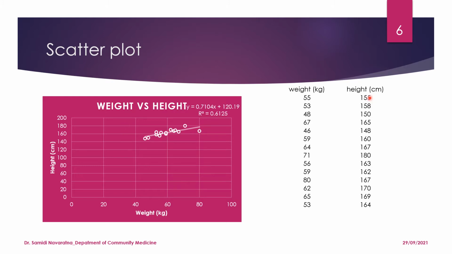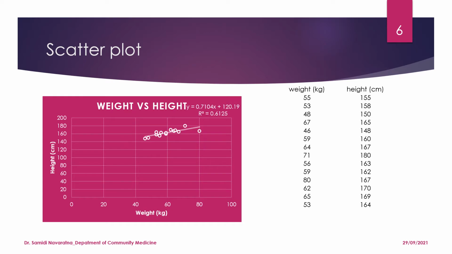In this case, you know that weight is dependent on height and not vice versa. So the correct, logical way of drawing it anyway would be by taking the height into the x-axis and weight to the y-axis.